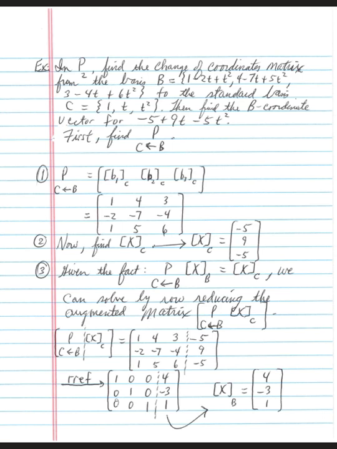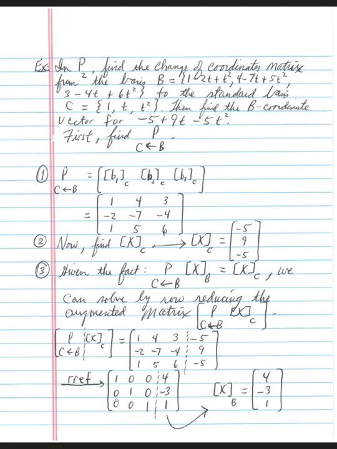Given the fact that your change of coordinates matrix from B to C times the B coordinate vector is equal to the C coordinate vector, and we looked at that in the theorem a couple slides ago, you can solve by row reducing the change of coordinates matrix.